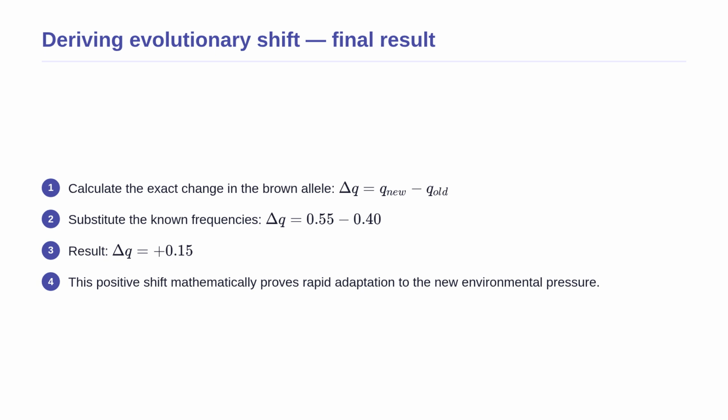This positive shift mathematically proves that microevolution has occurred rapidly in just a single generation. The beetle population has successfully adapted to the new environmental pressure of the drought and predators, perfectly showcasing the power of microevolutionary change.